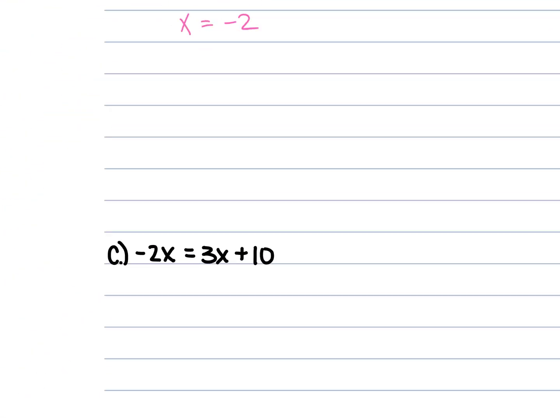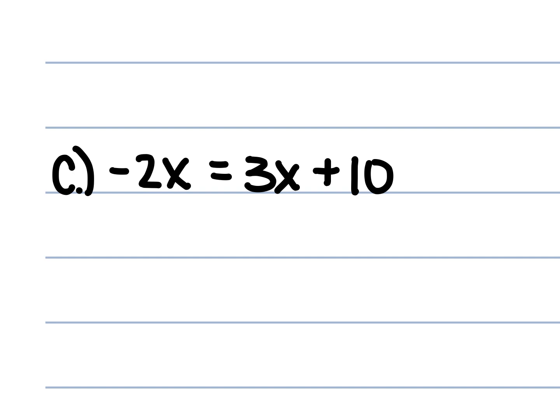All right, so now let's look at C. So since I have a variable on the left side, I'm just going to move my other variable term to the left side also. So I'm going to get this 3x and move it over to the left. So if I'm moving it to the other side of the equal sign, I have to do the opposite.